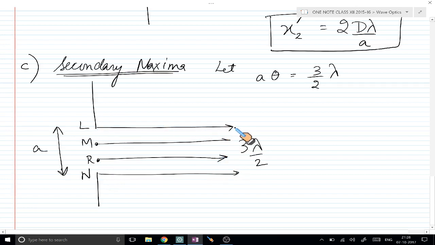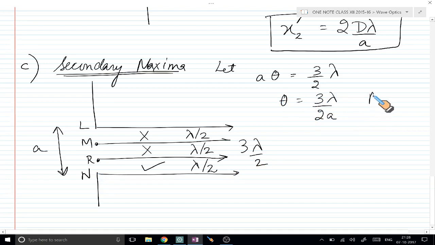The wavelets from L and M have a path difference of lambda by 2. From M and R have a path difference of lambda by 2. From R and N have a path difference of lambda by 2. So all wavelets from L to M are cancelled by the counter wavelets from M to R. Only the wavelets from R to N remain, which reach the point P. Okay, that means at theta is equal to 3 lambda by 2a, we have a maxima.